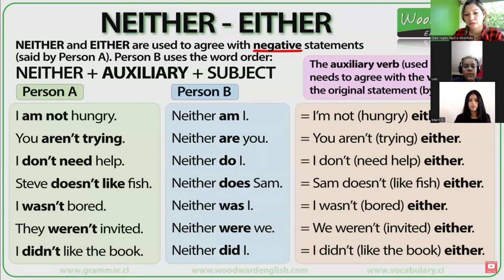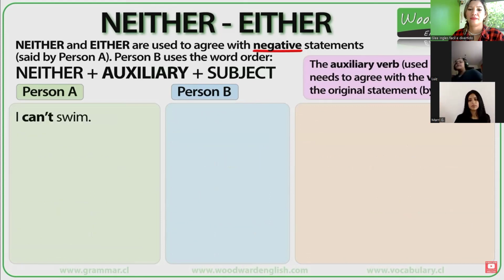I wasn't bored. Neither was I. They weren't invited. Neither were we. I didn't like the book. Neither did I. Let's see some more examples with modal verbs and perfect tenses.